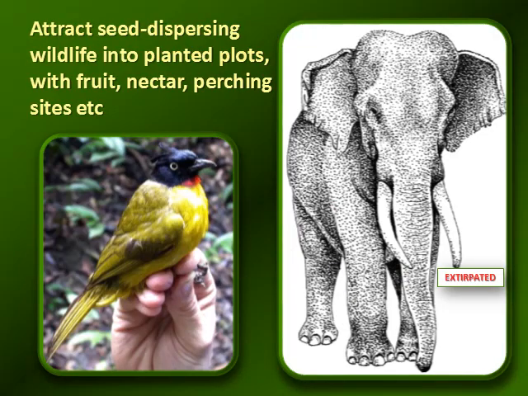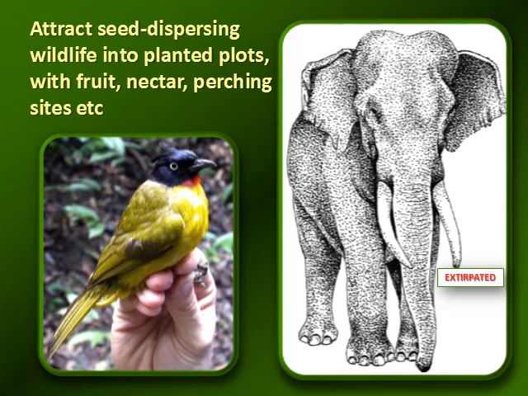The trees should produce something that attracts seed-dispersing animals. You're only going to be planting around 20 to 30 framework tree species, and in the forests where we work there are around 350 tree species. So you're only planting around 10% of the tree species that should be there.